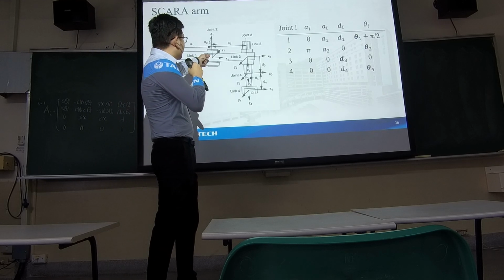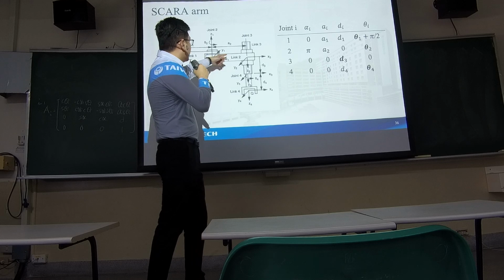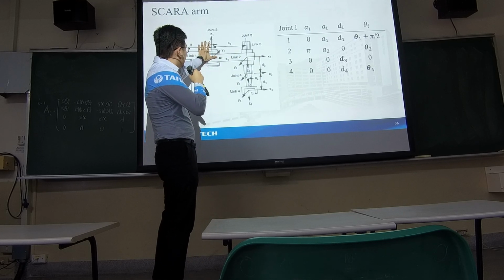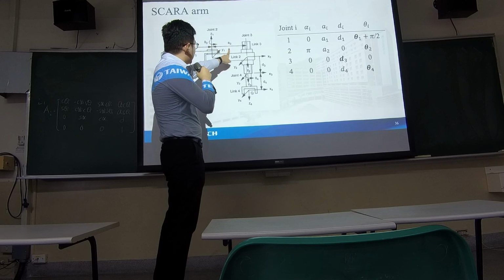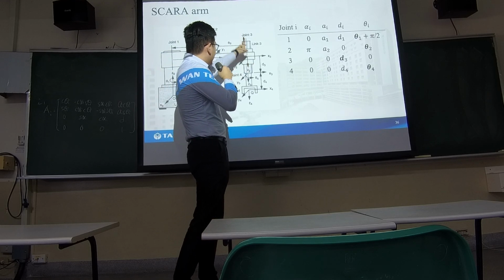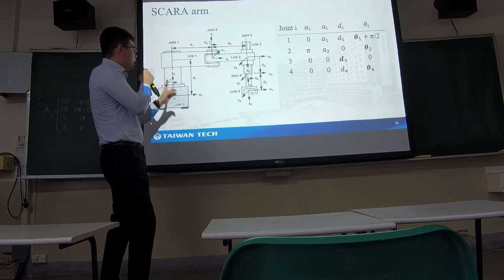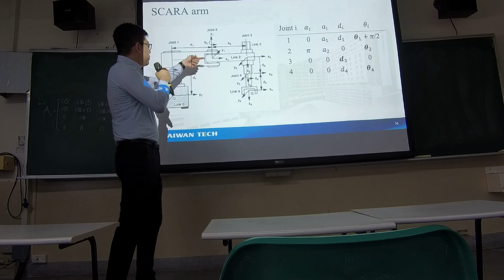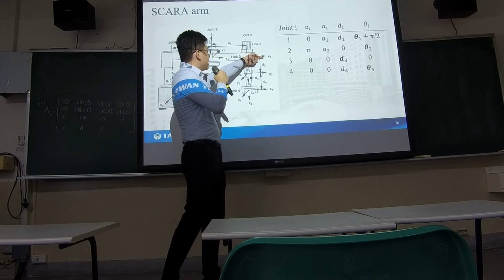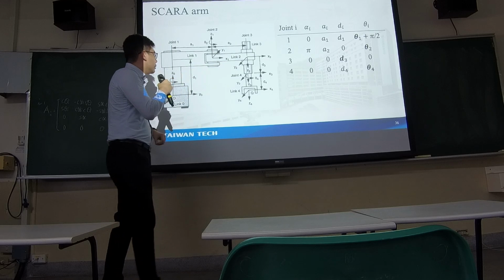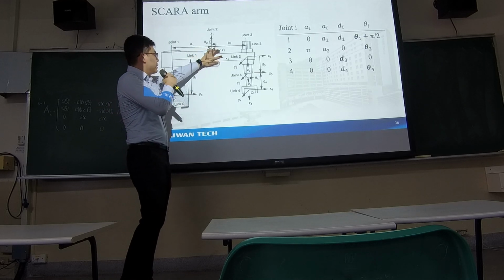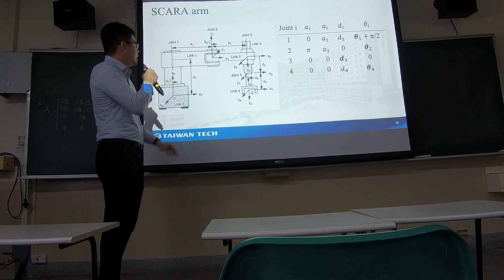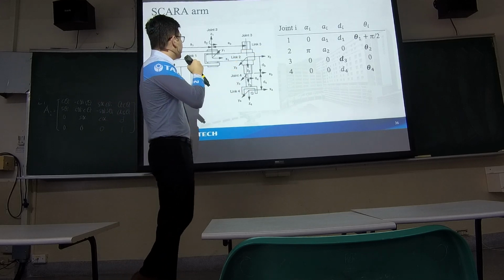So from this one is the theta, the z, and this z is collinear, so we don't have any shifting. And this x and here this x is also, so theta doesn't have any constant variables, only variables.